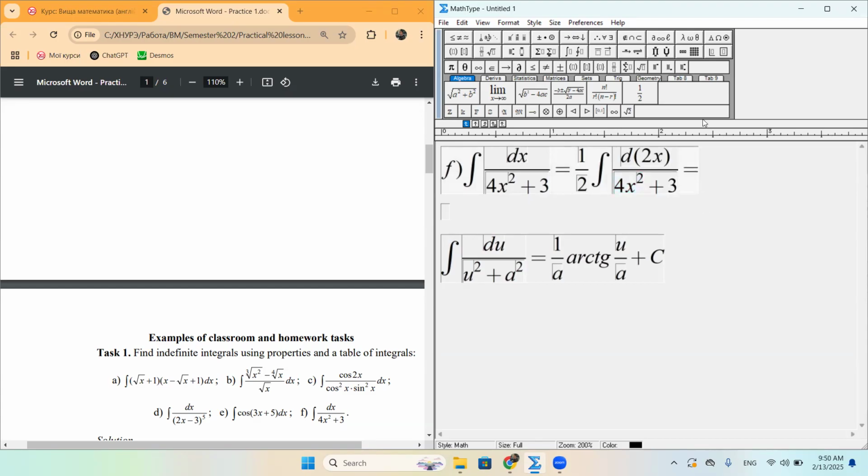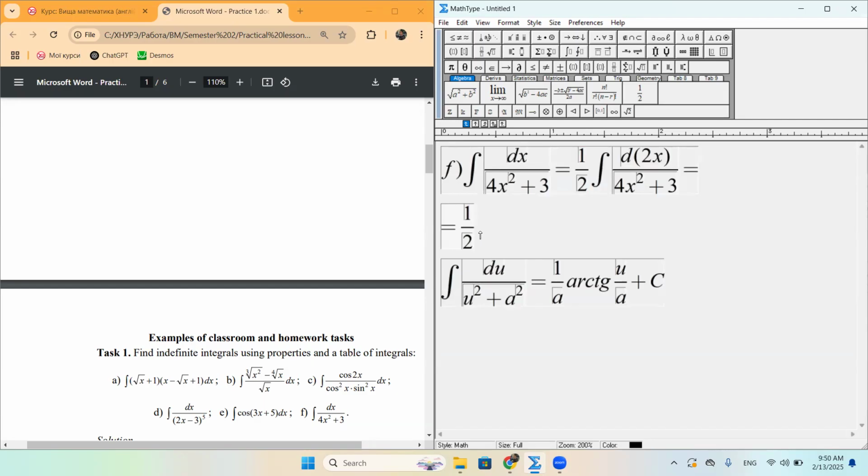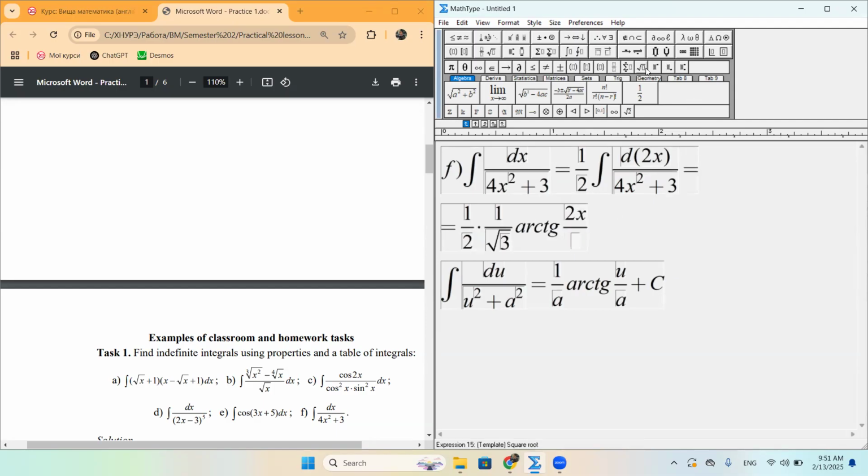So now we can integrate. But let's do it from the next line. So 1 divided by square root of 3, because it is a square, and this is arctangent over 2x divided by square root of 3 plus c.